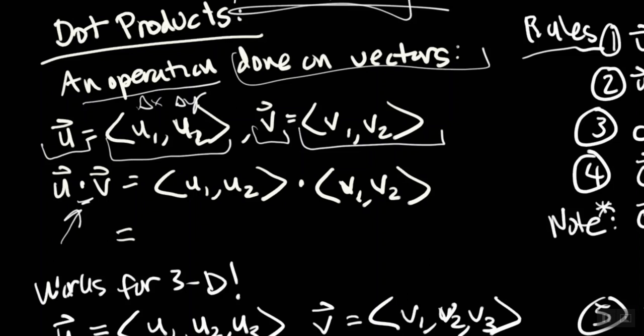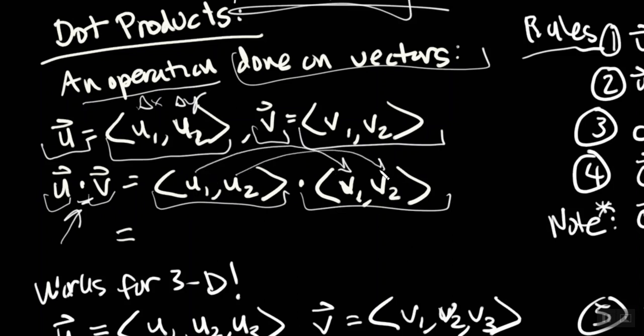So the dot product of these two vectors, what you will do is multiply the x components and add it to the product of the y components. So u1 v1 plus u2 v2. And that's what a dot product is. Pretty simple, right?